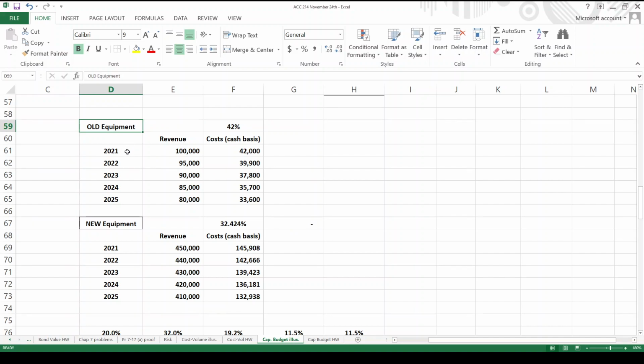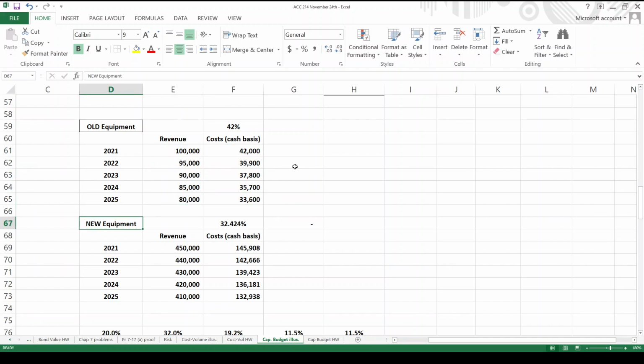If we keep the old equipment, we'll have this much revenue. Looks like it's decreasing by 5,000 a year, beginning in 2021. Our costs, and we're going to say they're paid in cash, cash flow, 42,000. They're 42% of these numbers.